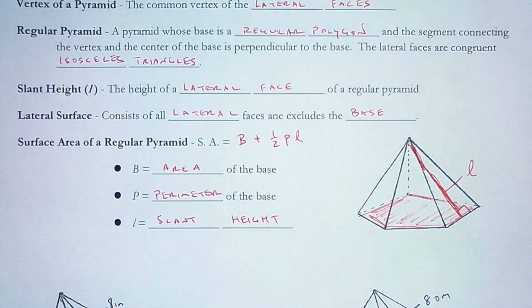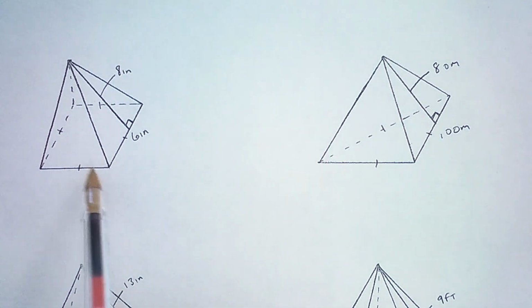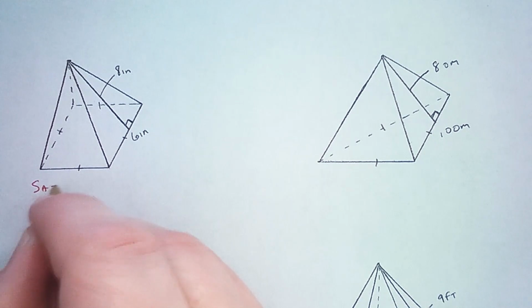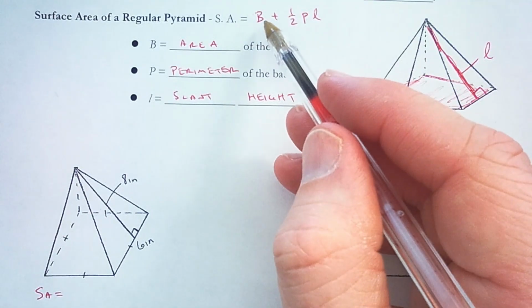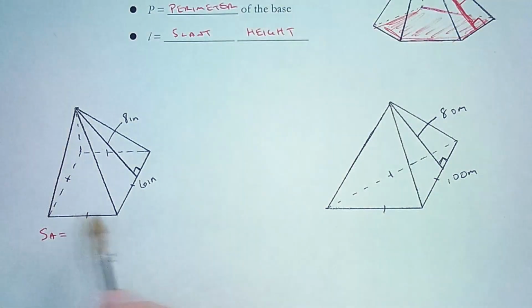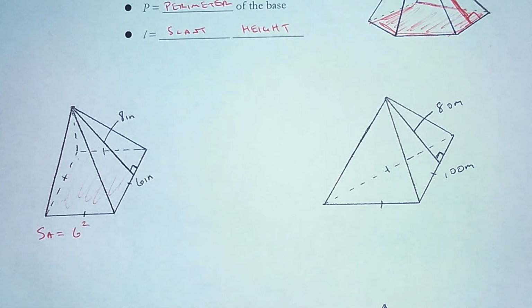Okay, so let's find the surface area of some pyramids. So here we have a square base, so this is a square pyramid. So the surface area is area of the base. Now for a square, that would be side squared. So the area of this base right here, this square base, is 6 squared.